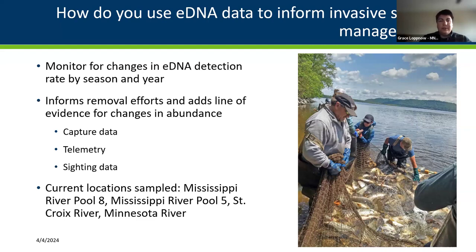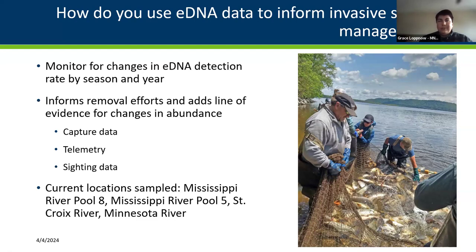We also use capture data from fish that we've actually captured, telemetry from tagged invasive carp, and data from sightings of jumping invasive carp to help us identify locations to sample and also get kind of a macro level scale look at what changes in abundance might be occurring in Minnesota.